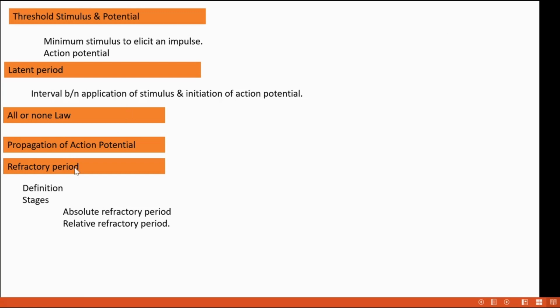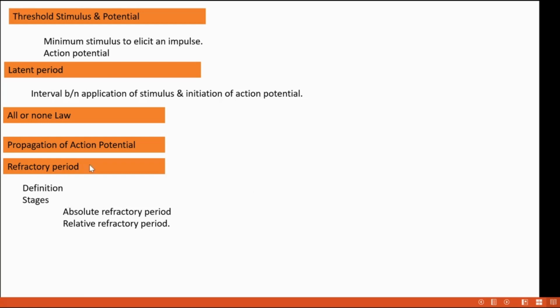Then the refractory period. The refractory period is the period in which a nerve will not respond to a stimulus after eliciting an action potential. Consider our own case: if we do great effort and we are exhausted and very tired, during that time we can't do any further work. That tired period is like the refractory period.